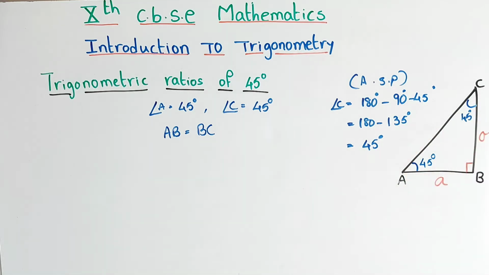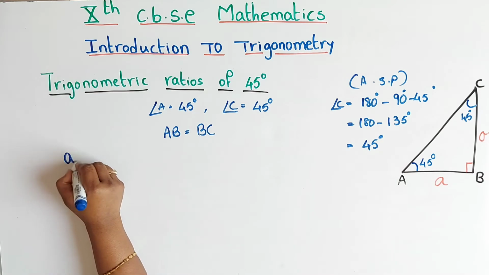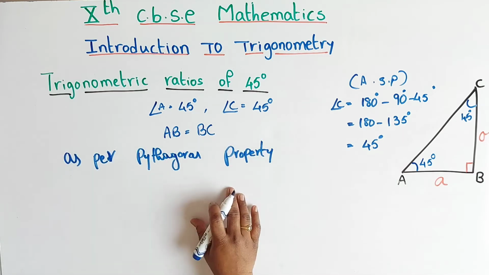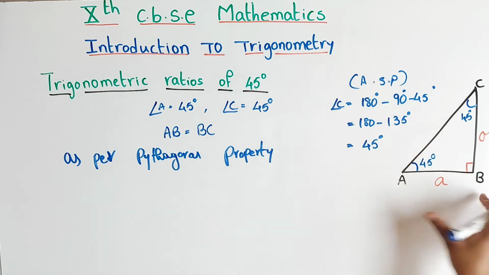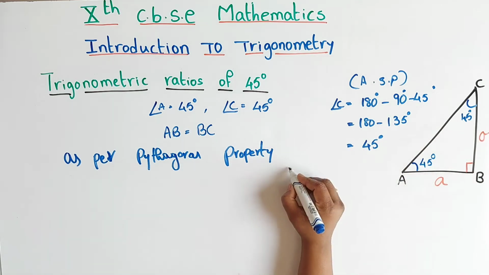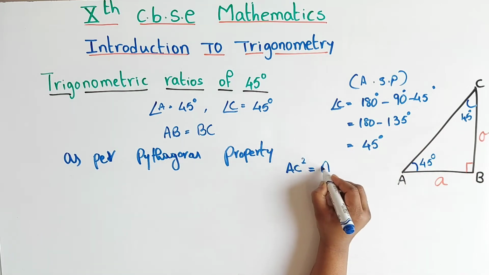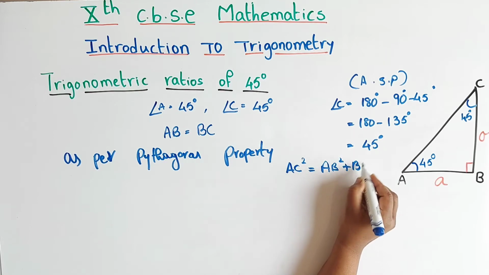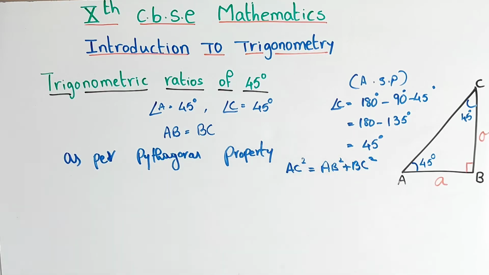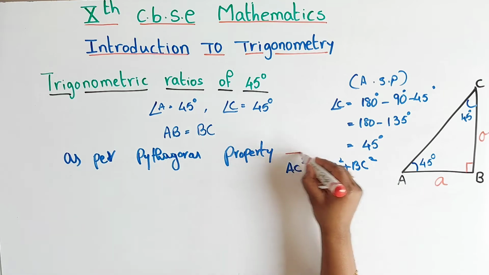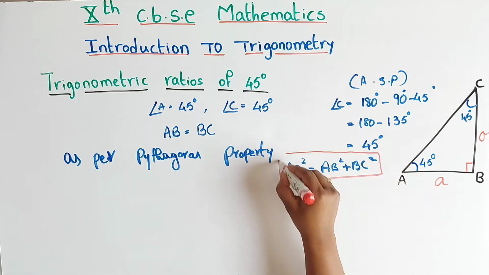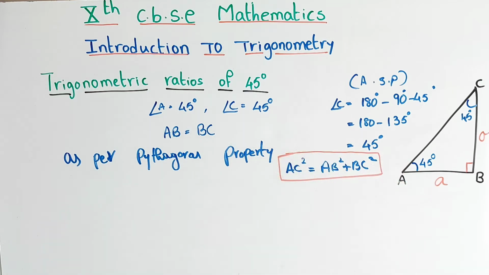Now we have to find out the AC side. Use the Pythagoras property. As per Pythagoras property, AC square equal to AB square plus BC square. So let us find AC value now.